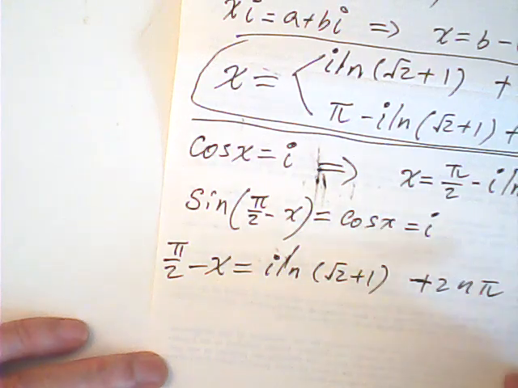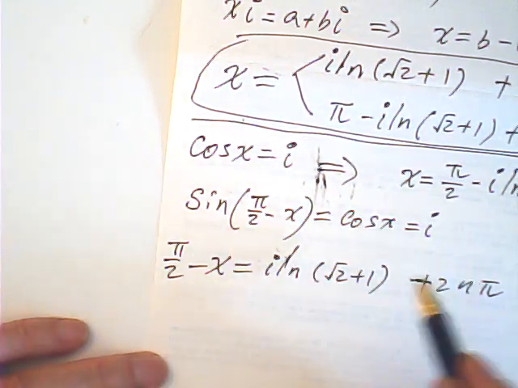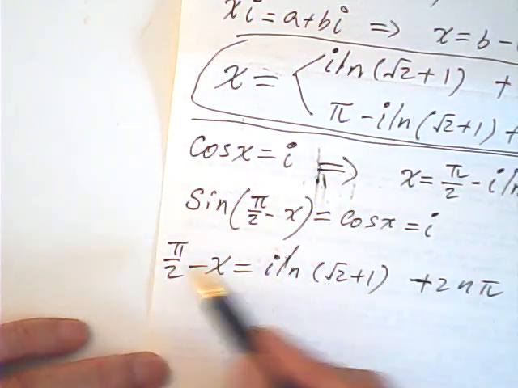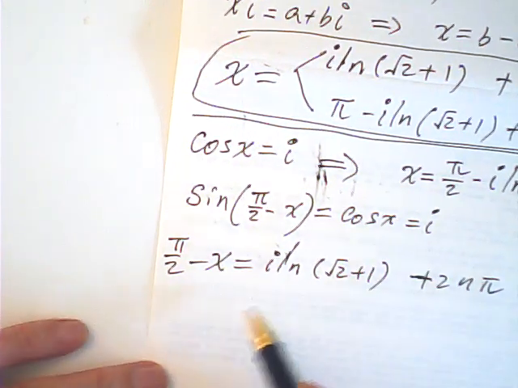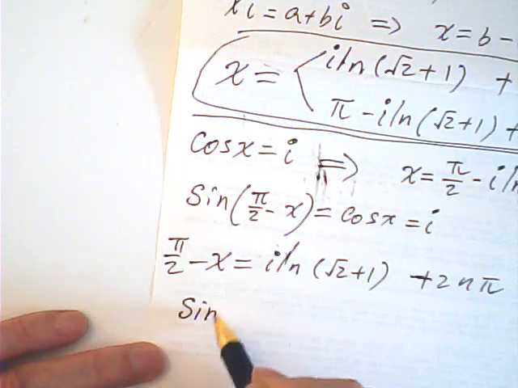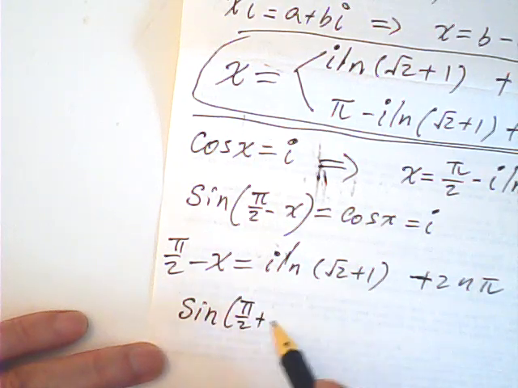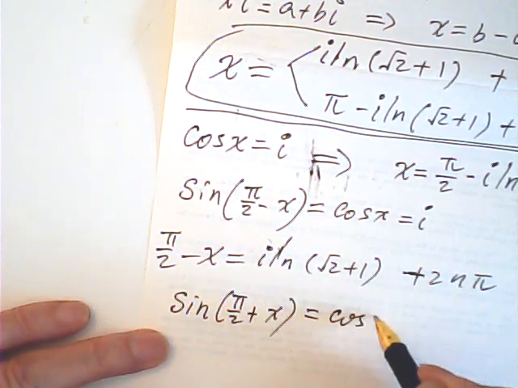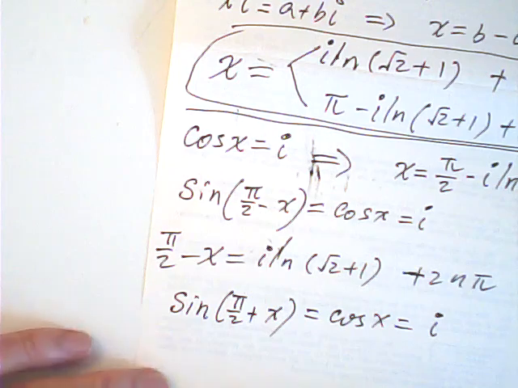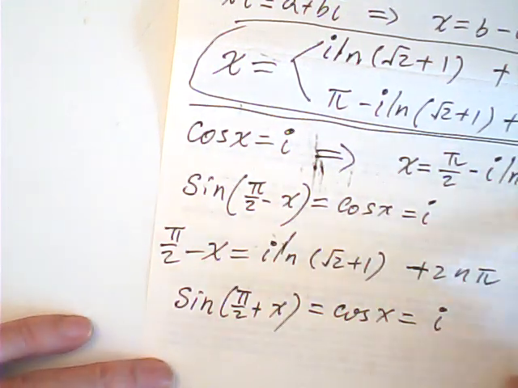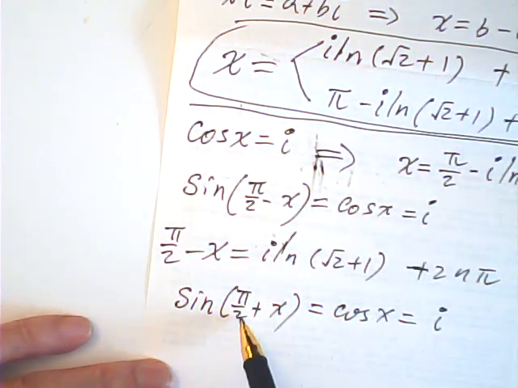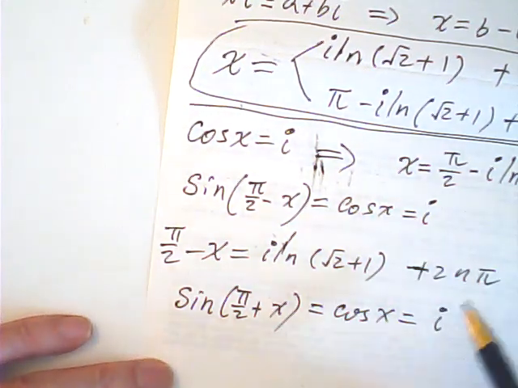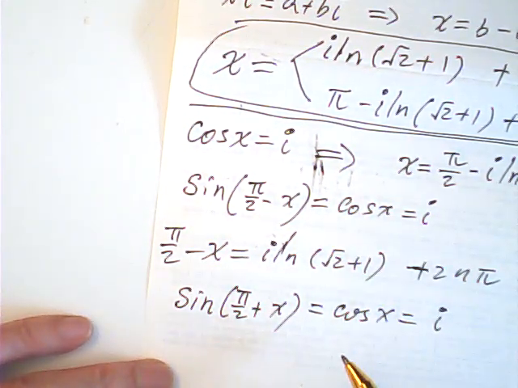This is one solution for sine x equal to i. The other one is that sine of half pi plus x is equal to cosine x equal to i. If this is x, then half pi plus that will be the solution to sine x equal to i.